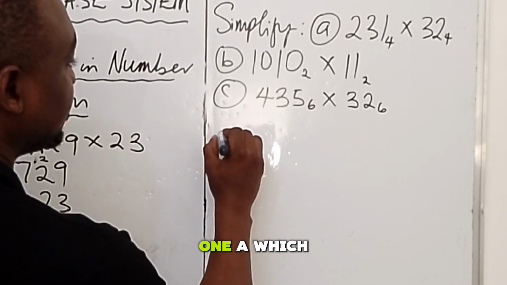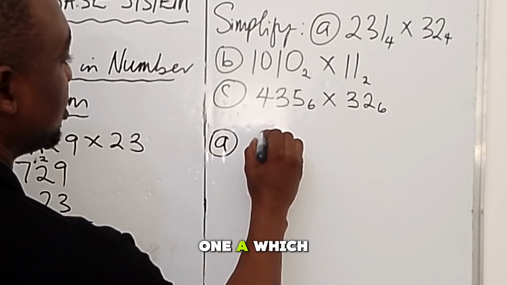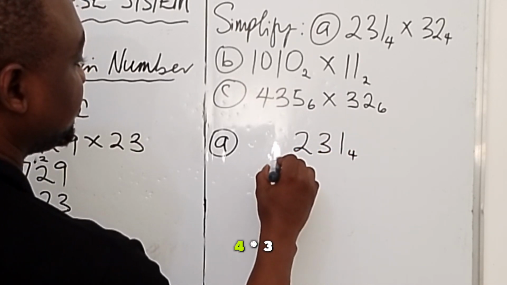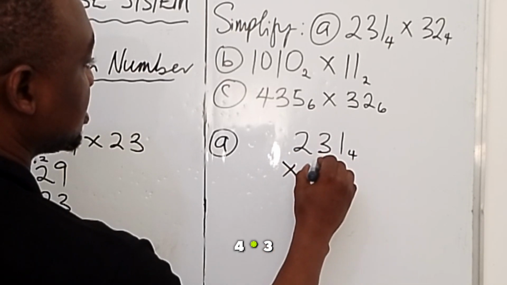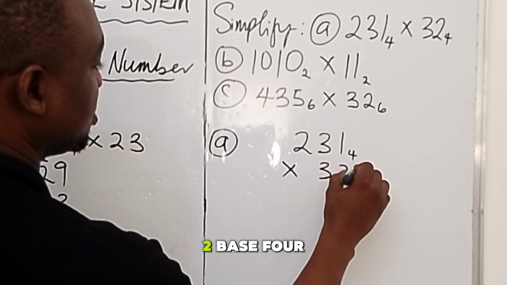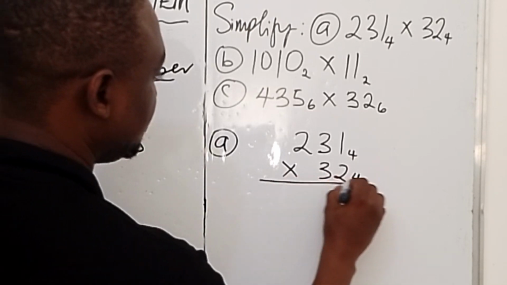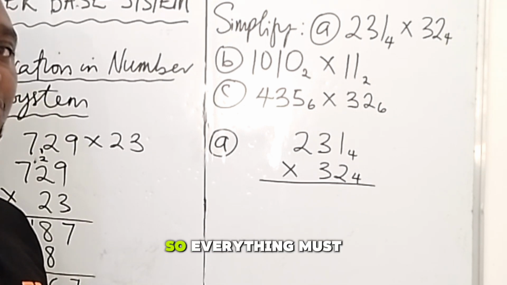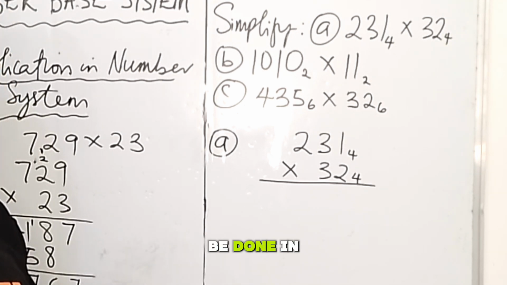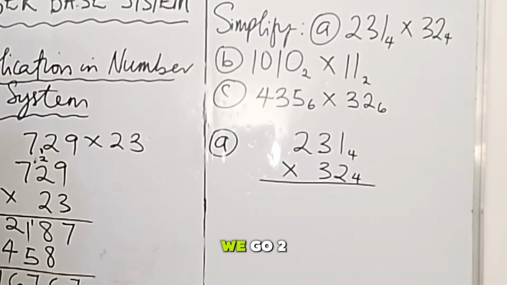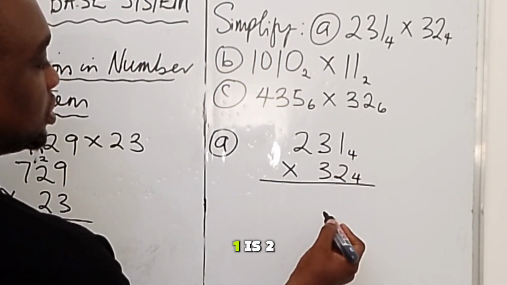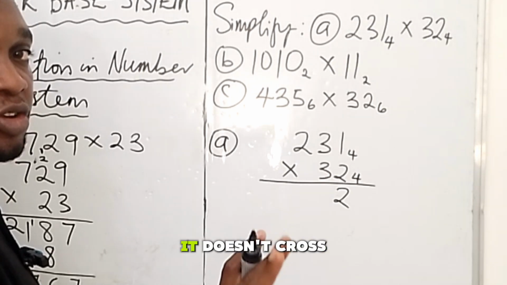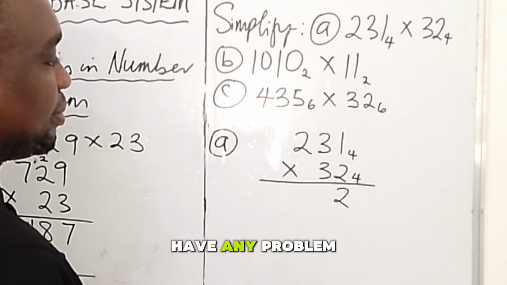For the first one, A, which is 231 base 4 times 32 base 4, we are multiplying in base 4, so everything must be done in base 4. So here we go. 2 times 1 is 2. So you write your 2. As far as it doesn't cross 4, we don't have any problem.